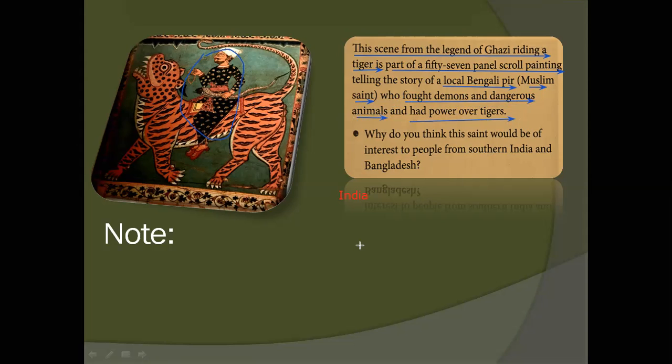That's what this picture means. How do you know? Because you see the snake he's holding in his hand, and he looks like he's riding a tiger. That means he has fought against it and made it his own.